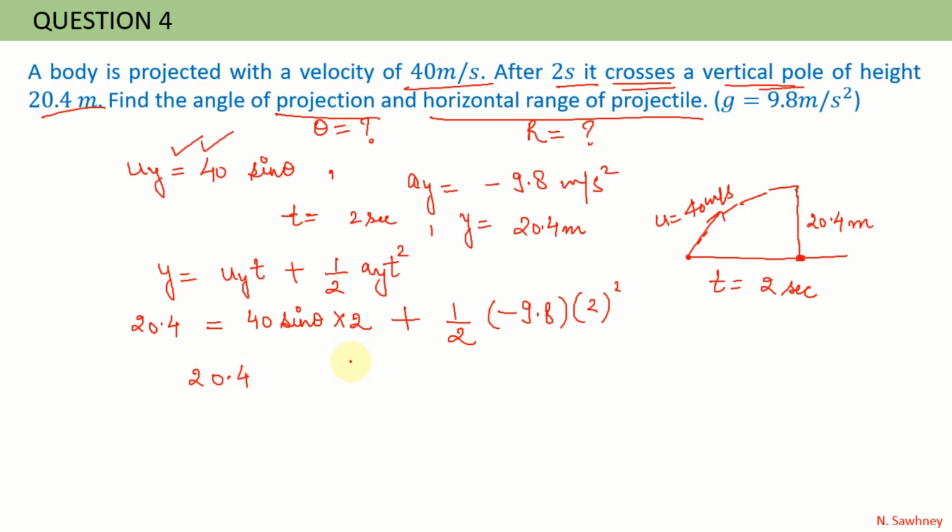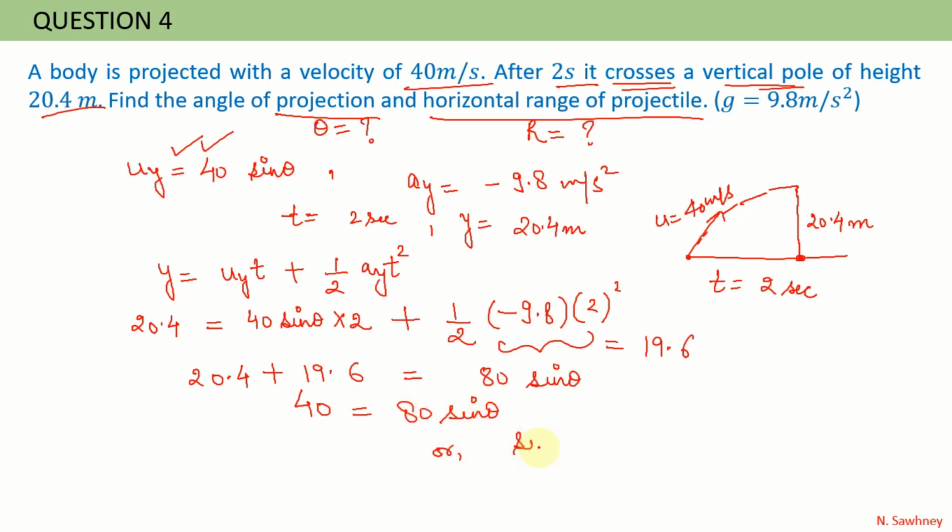It is 20.4 and when we solve this expression we will get 19.6. So putting it on the left hand side we will get this expression. Adding the two terms on the left hand side we get 40 is equal to 80 sine theta, or sine theta is equal to 1 by 2. That means theta is 30 degrees.